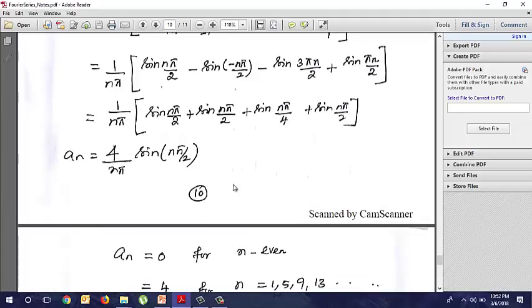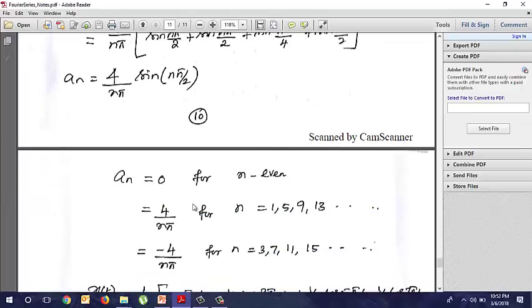Okay, so An value is this, and now An is 0 for n equal to even. If n is equal to 2, it will be sin pi. If n is equal to 4, it will be sin 2 pi, and so on. So sin pi, sin 2 pi, sin 4 pi, everything will be 0. So An will be 0 for n equal to even. And then if n is equal to 1, what will happen?